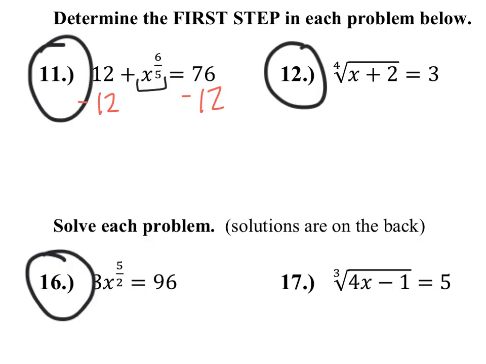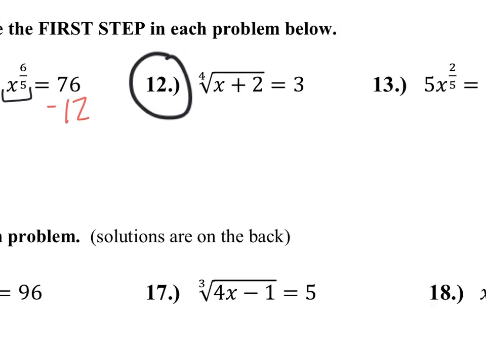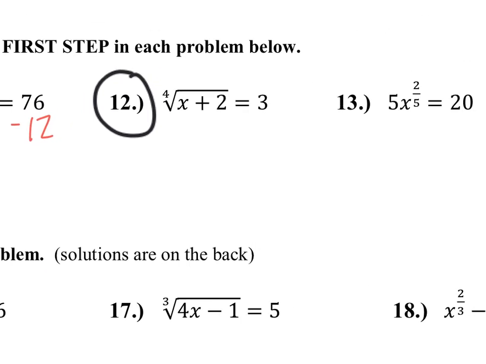And that's all we have to do in that problem. In number 12, our goal is to get the x by itself. Everything on the left side is covered by that radical. So we need to get rid of the radical first. Since it's the 4th root, we need to raise both sides of the equation to the 4th power. And that would be our first step, and then we could solve from there.